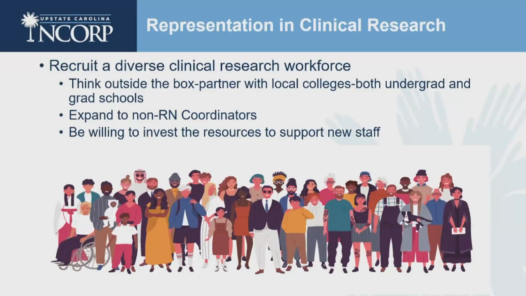So when I applied to work at this site, this was the perfect job for me because I had already been participating in the field. And I got the opportunity, as a person that was not in a traditional RN background, in clinical research to train under oncology certified nurses and go to training courses and figure out where my role fit in clinical research. And that is a true key to expanding your workforce.